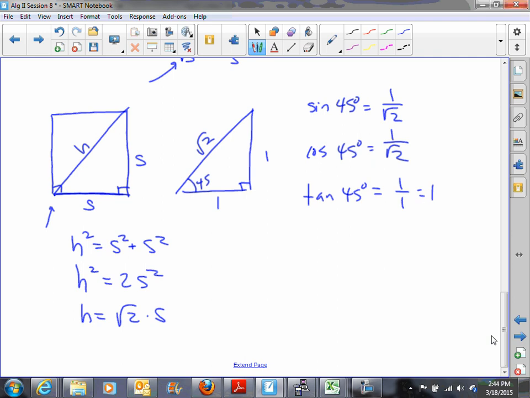Now, I must say in these cases, usually this is rationalized to square root 2 over 2. But again, these are values that you should commit to memory. So in other words, you should know just off the top of your head what the sine, cosine, and tangent are of 30 degrees, 45 degrees, and 60 degrees.